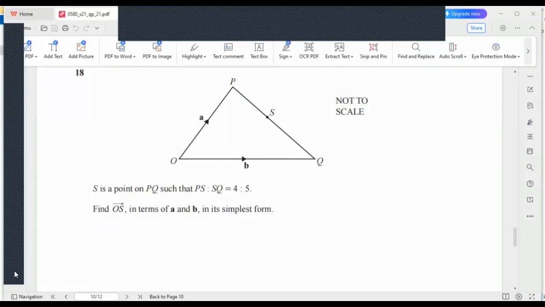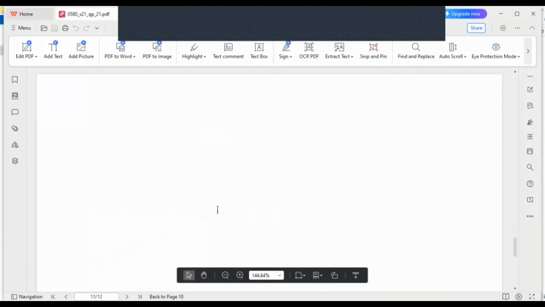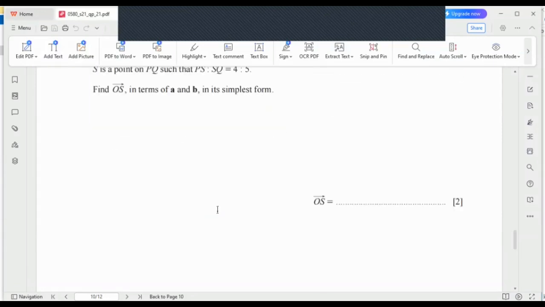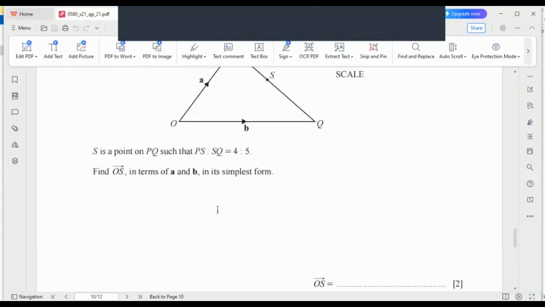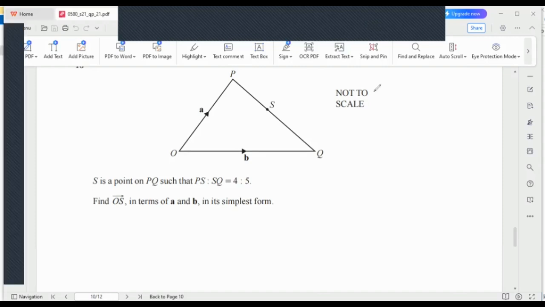It's just 2 marks. Sometimes the work you may have to do in vectors may not seem like it's worth the mark, but hey, you just have to do it anyway. Let's get right into it.